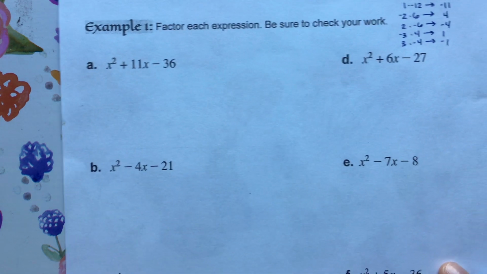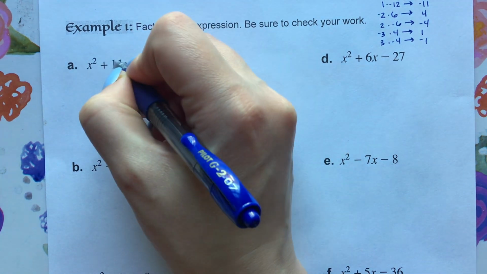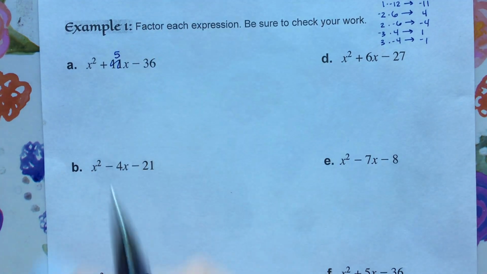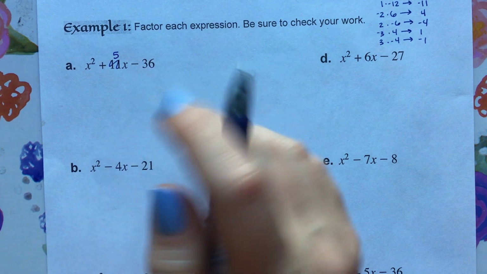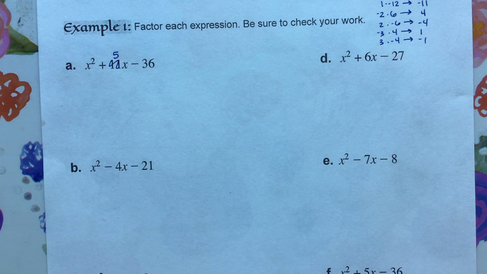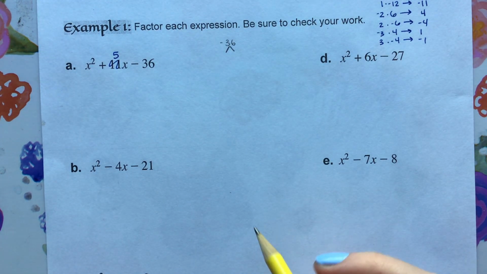There is a bit of a typo, so in this first example the middle term should actually say 5. So we're looking for x squared plus 5x minus 36, and we're looking for multiples of negative 36. So I'm going to come up here to the side and look for things that multiply to negative 36.